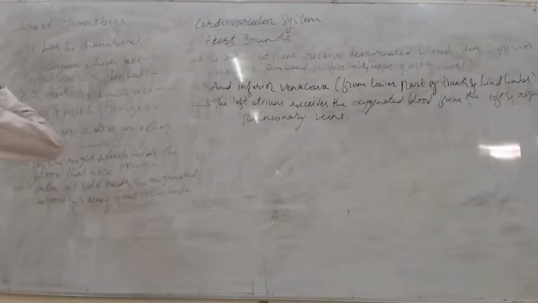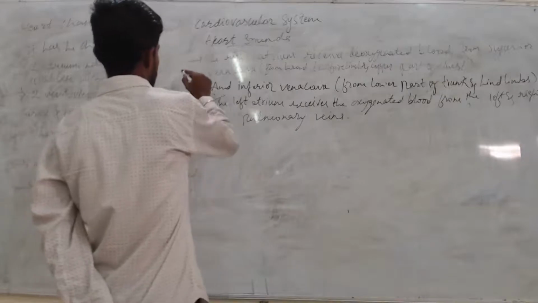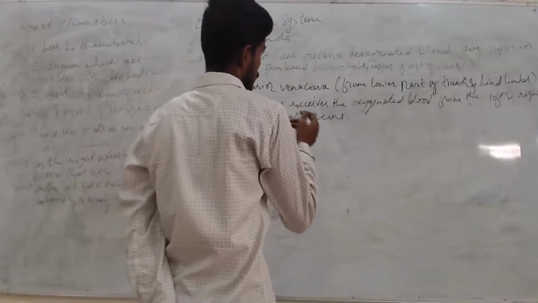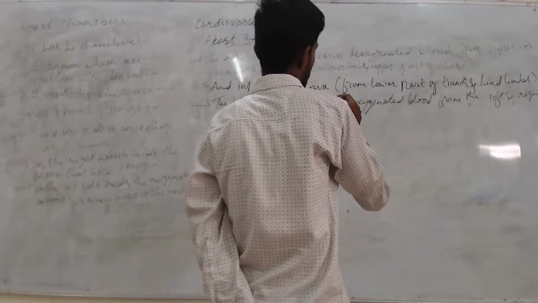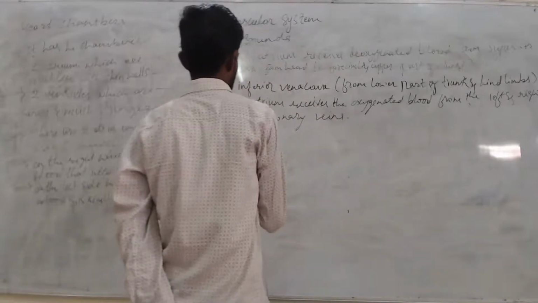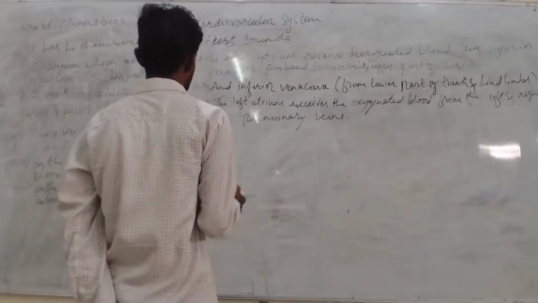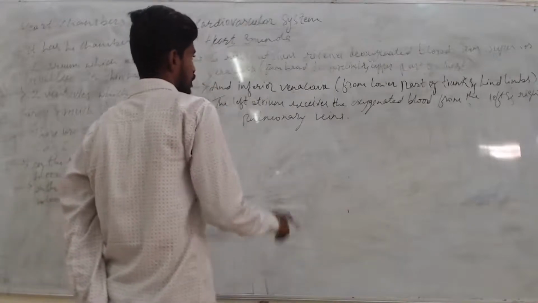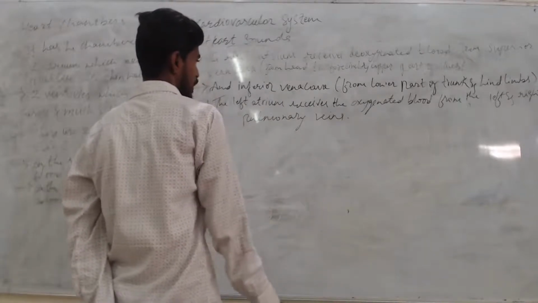The right atrium receives the deoxygenated blood from the superior vena cava, which comes from the head to the forelimbs and upper parts of the chest, and from the inferior vena cava, which comes from the lower part of the trunk and hind limbs.